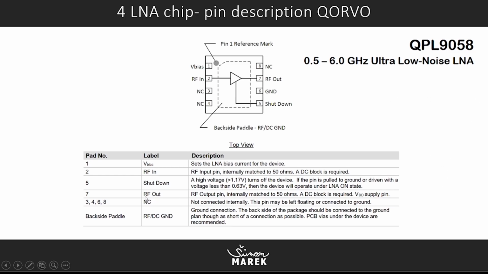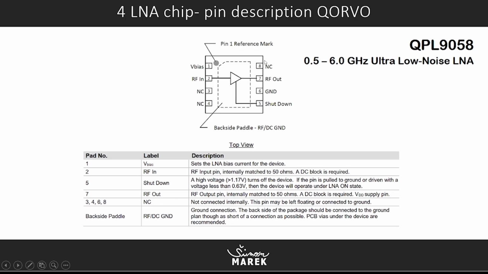There is an RF out pin, which is also internally matched, and you also need a capacitor, and you will supply the power to the chip by connecting an inductor in the trace, and this way you will supply the LNA.